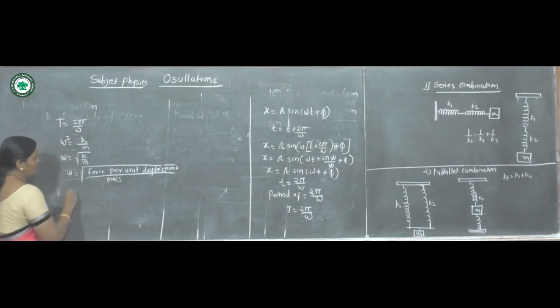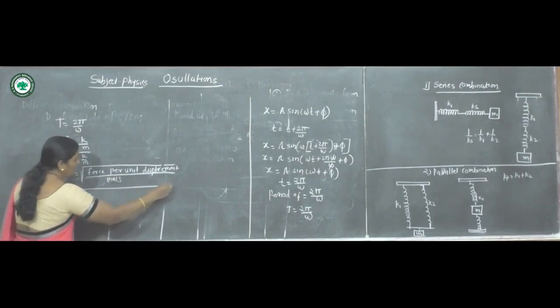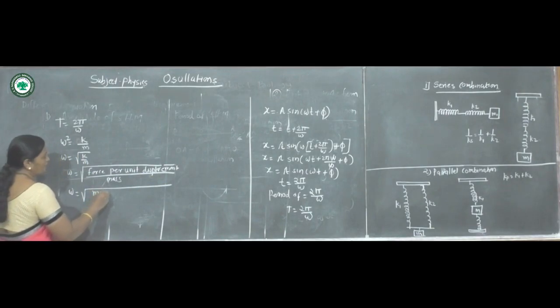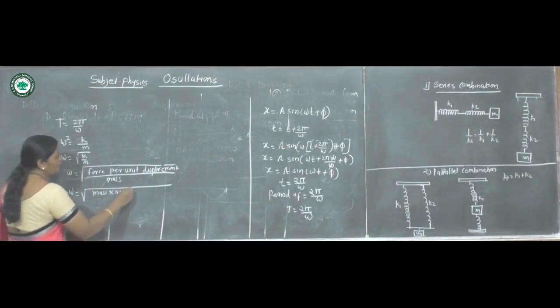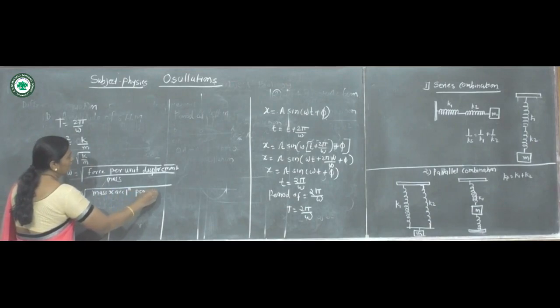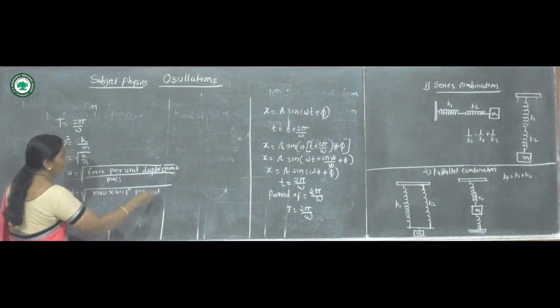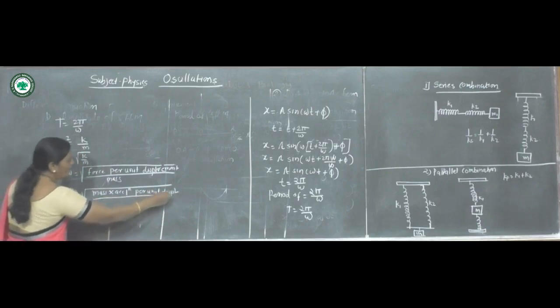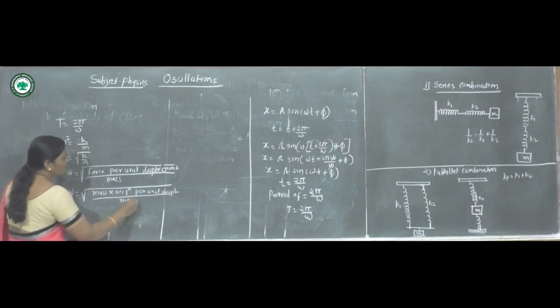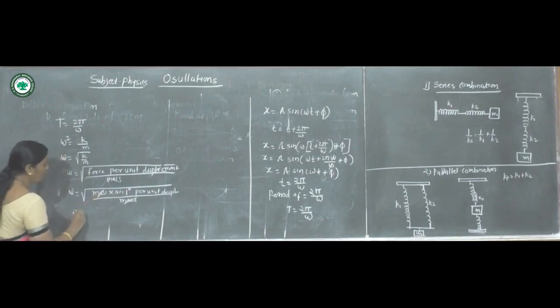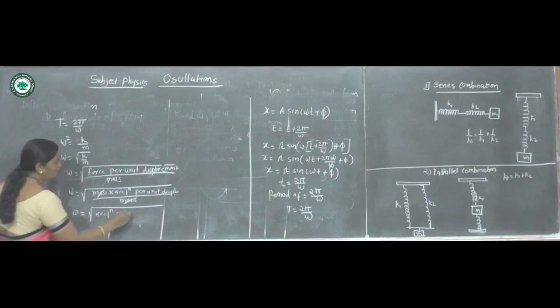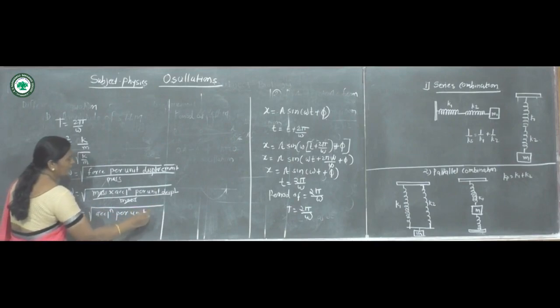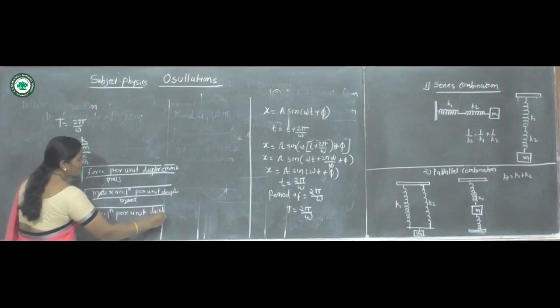Force can be written as mass multiplied by acceleration per unit displacement, then divide by mass. The mass gets cancelled here. ω is equal to under root of acceleration per unit displacement.